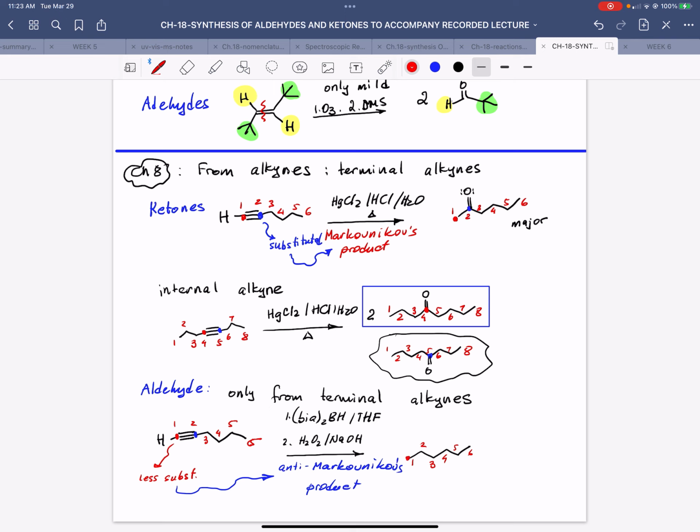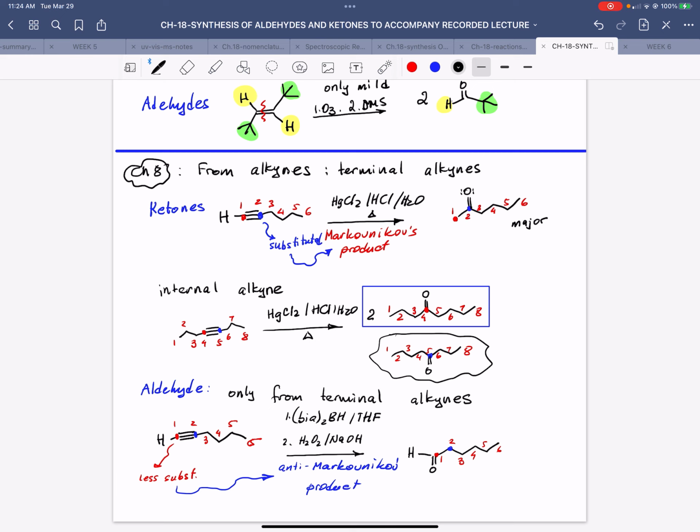So carbon number 1, carbon number 2, and in this case, let me move the molecule a little bit aside. Your carbonyl will be formed on position number 1, and it will be an aldehyde.